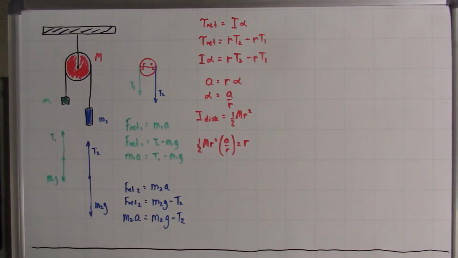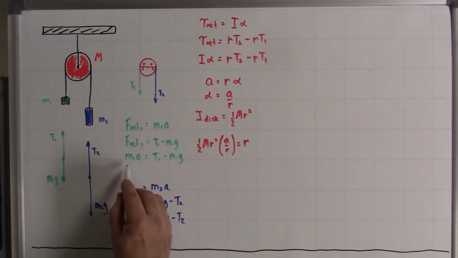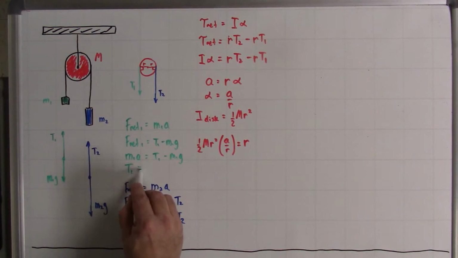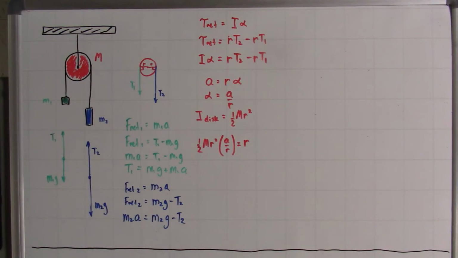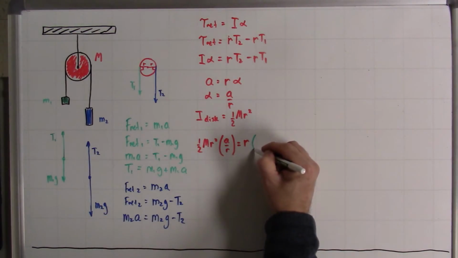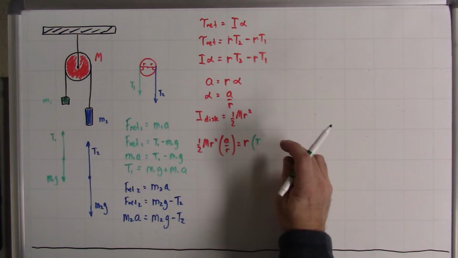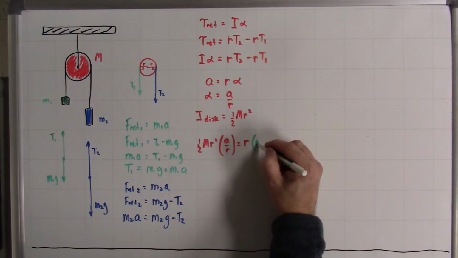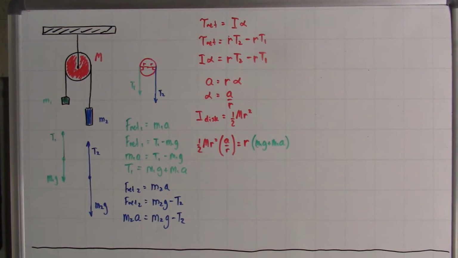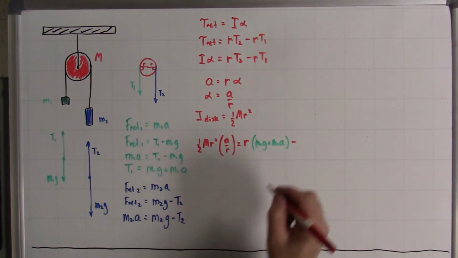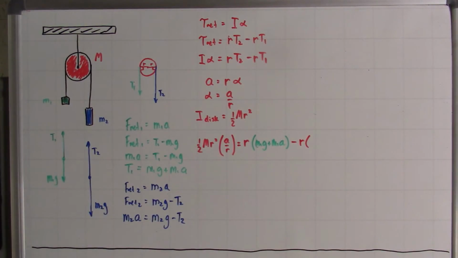So if I go back and solve for these, T1 is equal to M1G plus M1A. And then minus T2 is equal to M2G minus M2A.